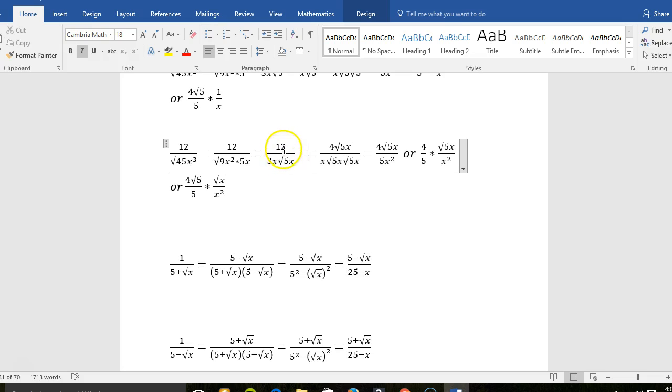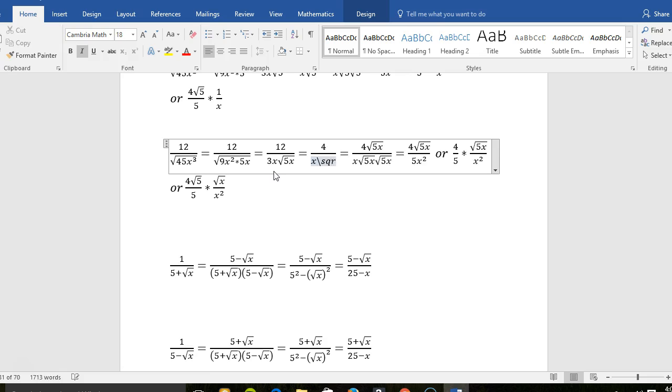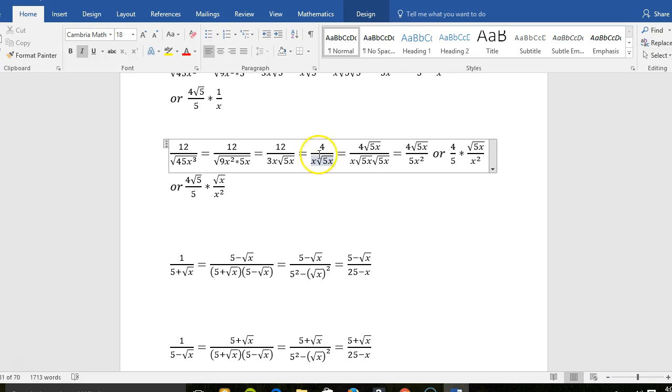If I divide by 3 before I ever conjugate, I get 4 over x radical 5x. By conjugate, I mean stick this other radical 5x here and here. Before I ever conjugated, I just reduced right here, okay? Then I conjugate by doing this, but to counterbalance that, I got to do this. So here's the conjugation step right here.